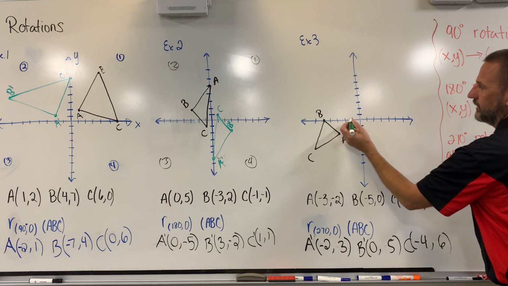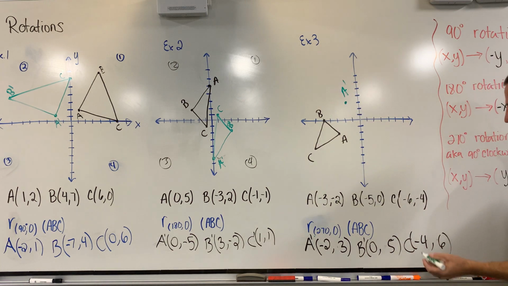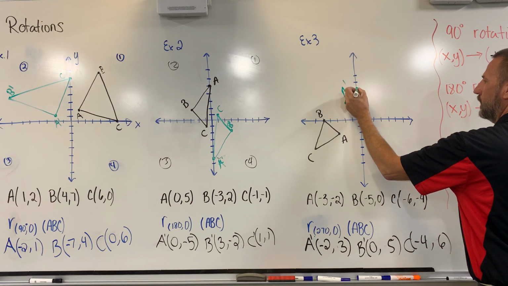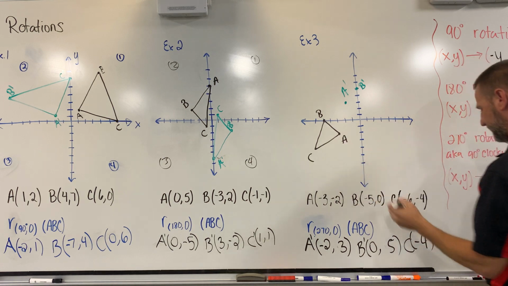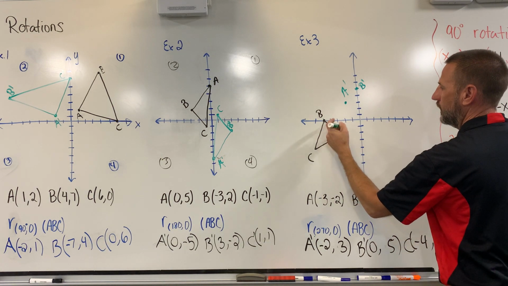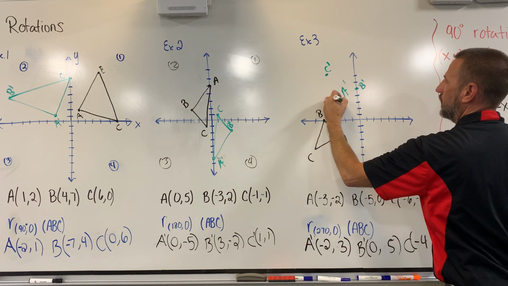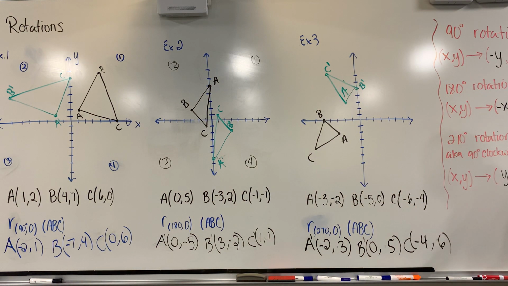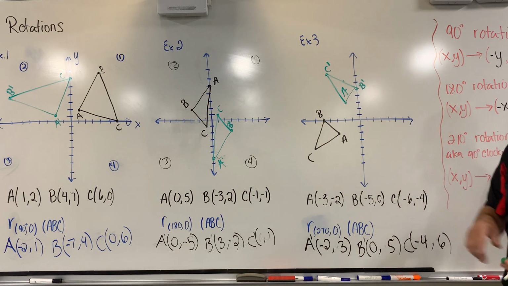So when I look at this, I got -2, 3, 0, 5, and -6, or -4, 6. And I just rotated it. Essentially, I've rotated it this way. All I've done is go clockwise.